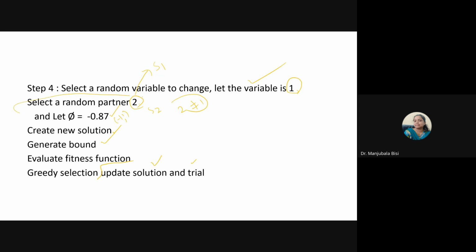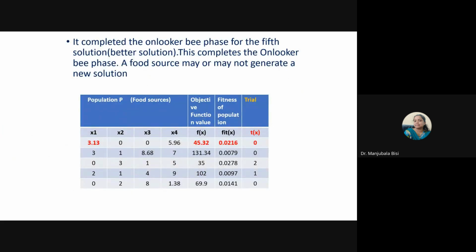So with this consideration for the first solution, we are getting a better solution here. Previously, if you remember, it was 4, right? This is a minimization problem, so 3.13 means this is the better solution. Only one bit you are changing. So the trial counter is reset to 0, right?